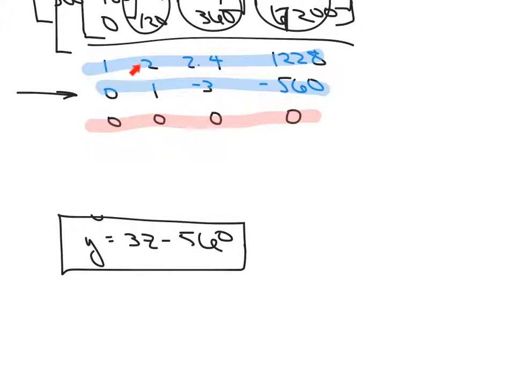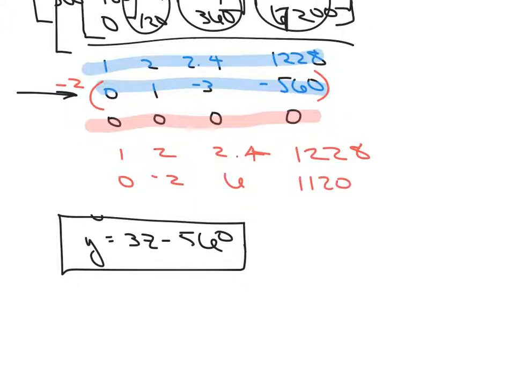So I'm going to take the second row, because there's a 1 here, and multiply it by -2. So I get 1, 2, 2.4, 1228, and then I get 0, -2, 6, and what is that? 1120.